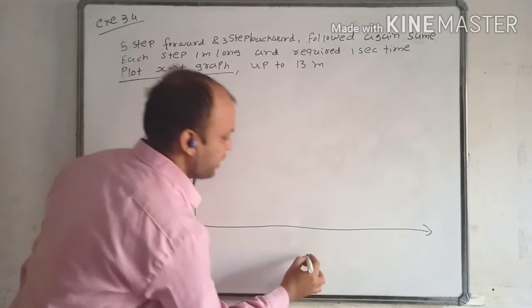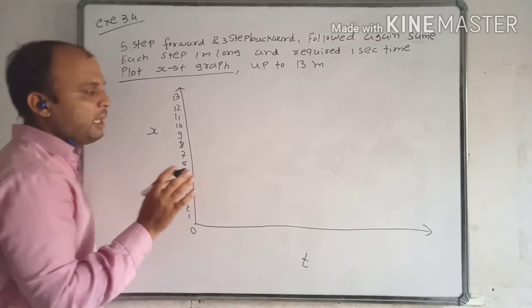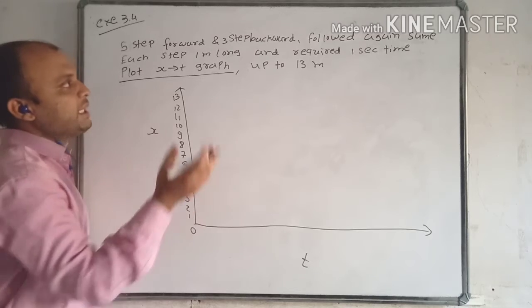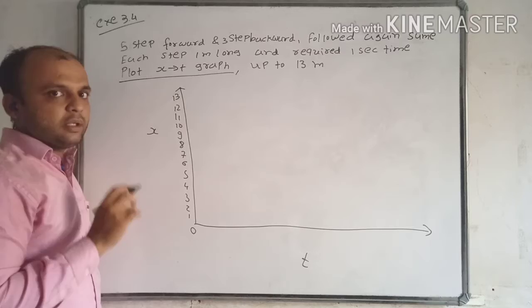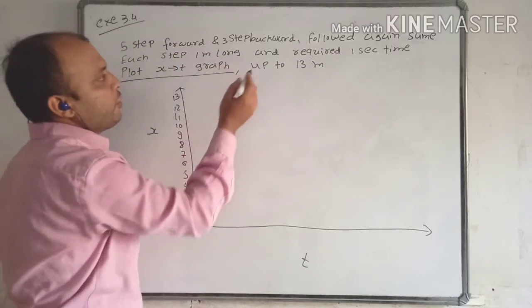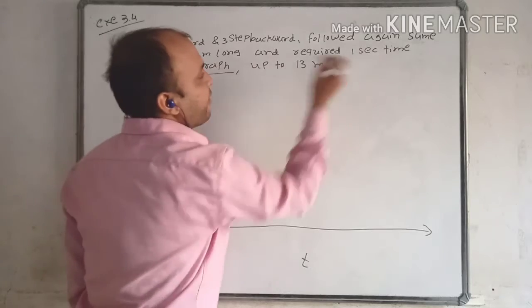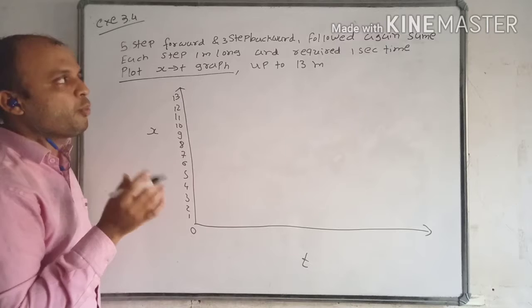On time we are not taking any number because we don't know at what time he reached 13 meters. But we know that to travel 1 meter, he requires 1 second. That is the condition for time.